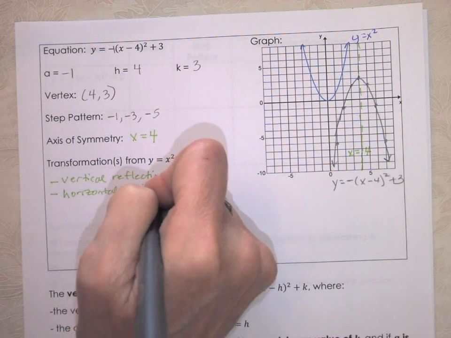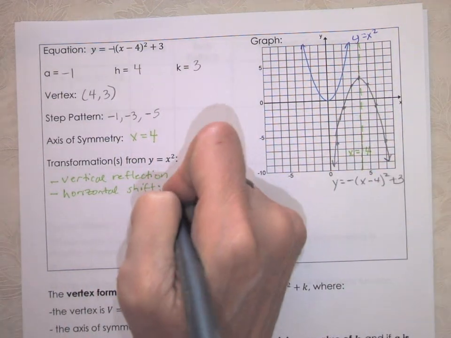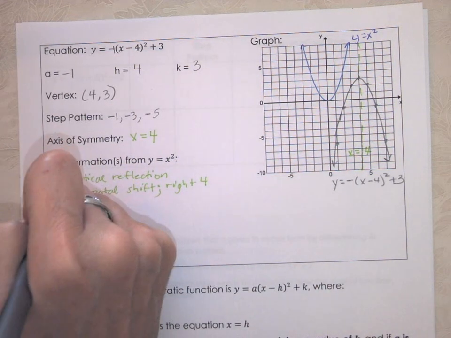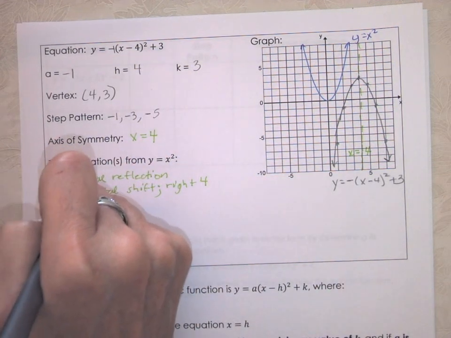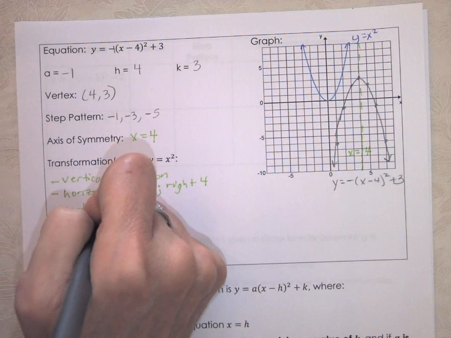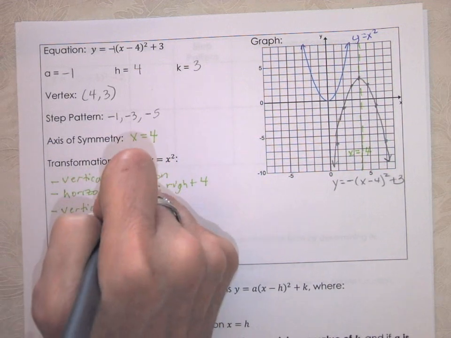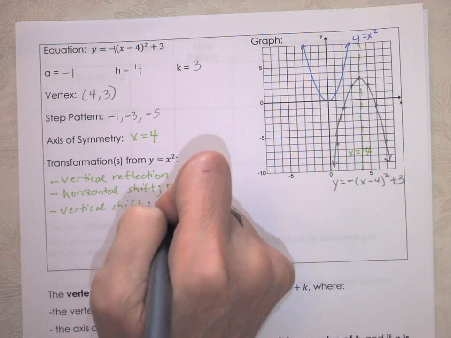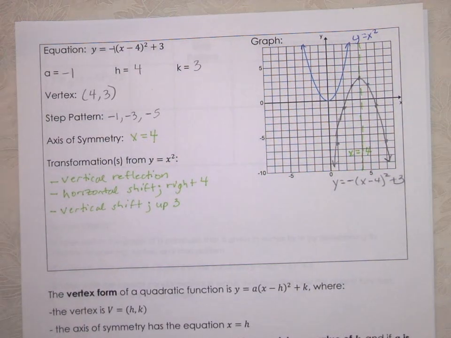That would be right 4. And then we also have a vertical shift. Our vertex has been moved up 3 from 0, 0. So those would be our 3 transformations from the parent function.